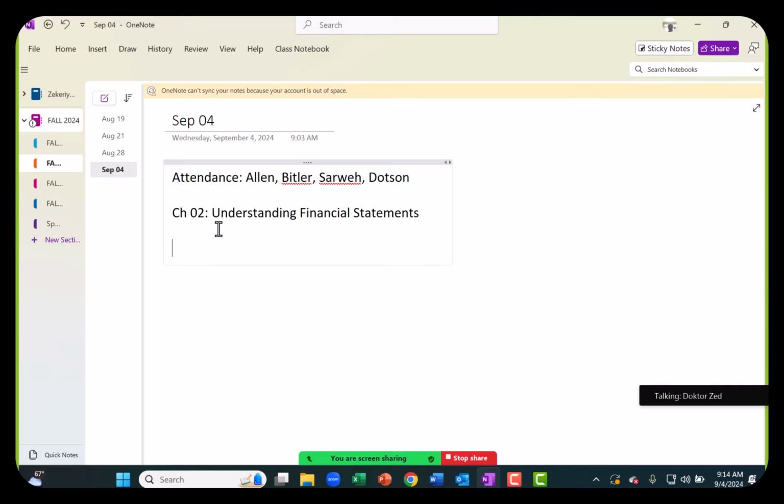Statement of owner's equity. That's technically part of another statement, but what does statement of owner's equity do? Yeah, it shows basically whatever the residual value of the firm. Okay. What's another financial statement?